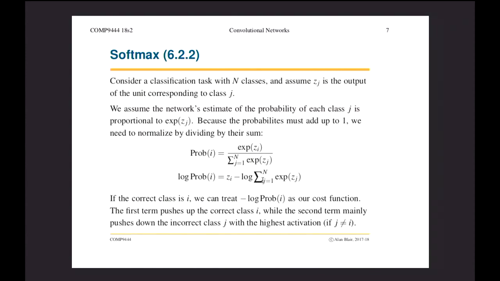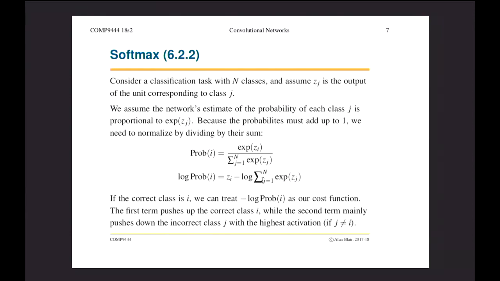Okay, we talked about this last week. This is what happens at the output layer. Remember, we're going to train this thing by backpropagation, so we need to have an error signal at the output layer. And the way we typically do that, because we have to distinguish between classes, if we think about MNIST or CIFAR, we're trying to distinguish between 10 different classes. So we have 10 different outputs.